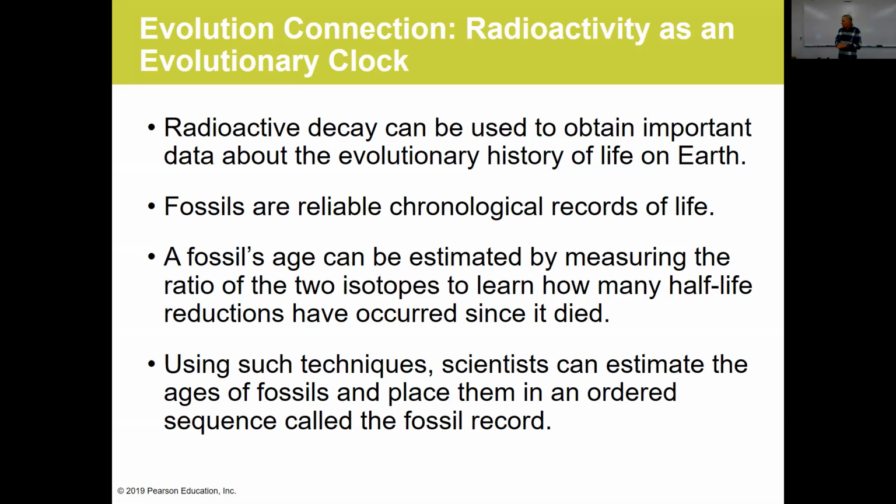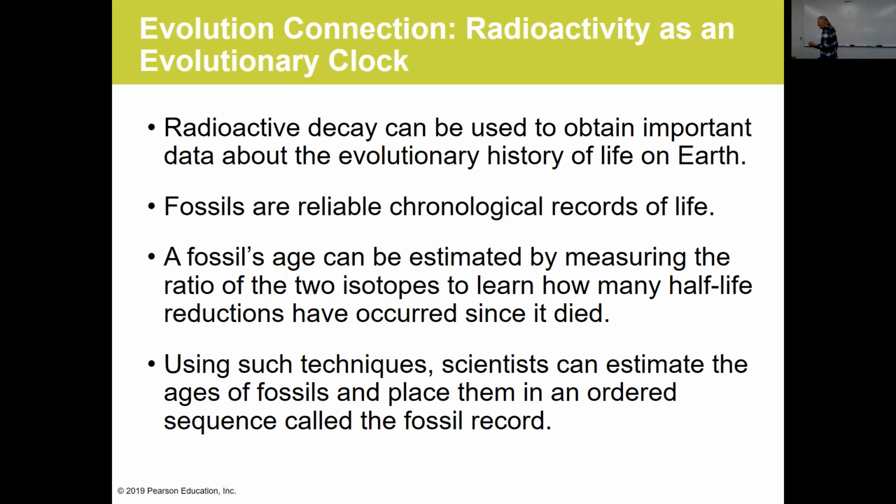radioactive dating. So radioactive decay can be used to obtain important data about the evolutionary history of life on Earth. You can actually find something that was once alive, and you can find out how old it is using what's called radiocarbon dating.